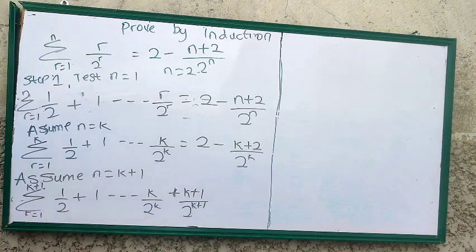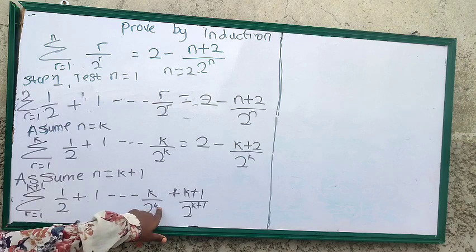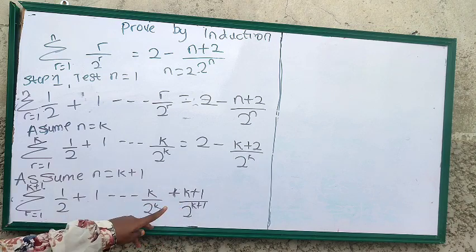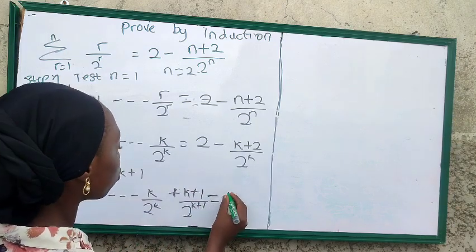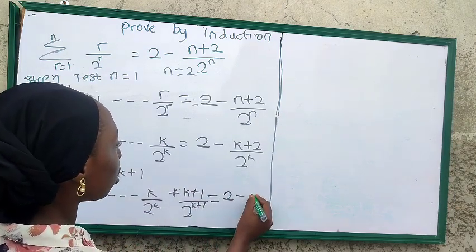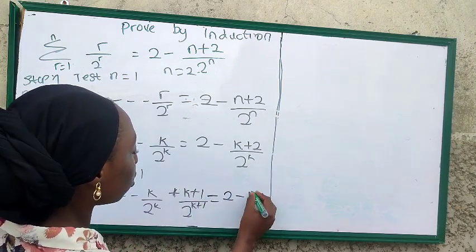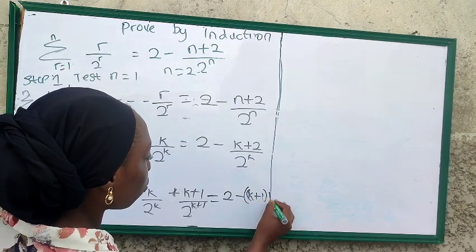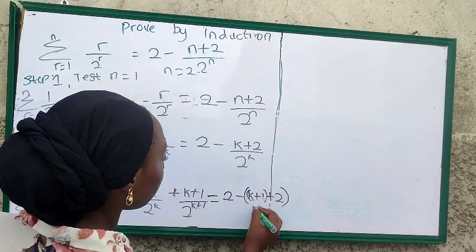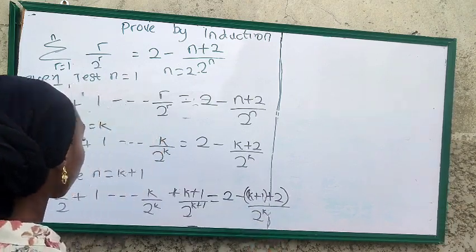Now this one is like this because k comes before k plus 1, so it's k first before we have k plus 1. Then it equals 2 minus (k plus 1 plus 2) divided by 2 to the power of k plus 1.